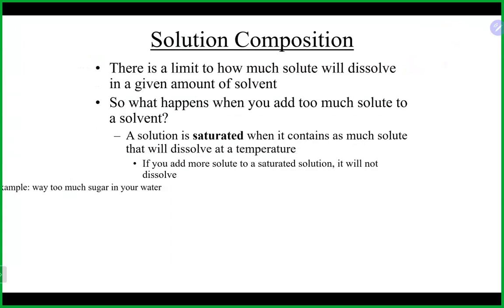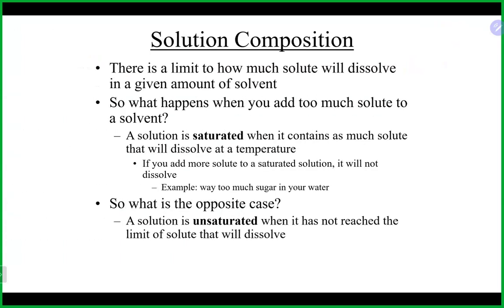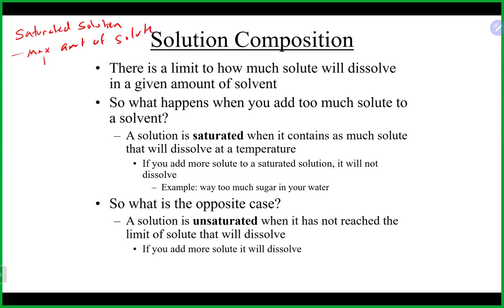Now, as I mentioned before, there is a limit to how much of a solute you could get to dissolve in a solvent. What happens if you add too much solute to a solvent? You get a saturated solution. A saturated solution is a solution where you have hit basically the maximum amount of solute that will dissolve for that particular temperature.